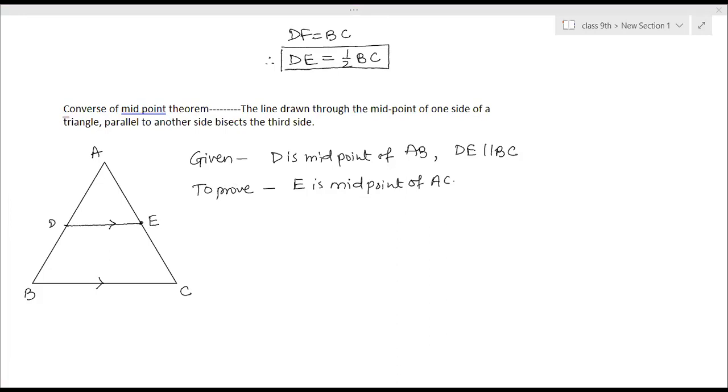Ma'am, can you repeat what to construct? Just a sec, I need to check what they have given in your textbook, because it is done by two or three methods. Yes, there also we have to take the same thing. We can do it by two methods.